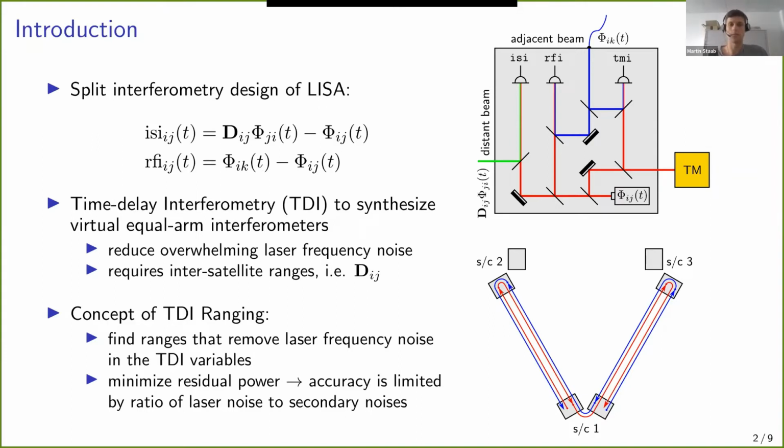You're trying to find ranges that remove the laser frequency noise from your data, and you don't know them a priori. So you're trying to find them by changing them and trying to minimize the residual power in your TDI combination. And the accuracy of that technique is ultimately limited by secondary noises in your interferometer.